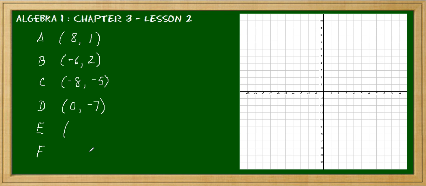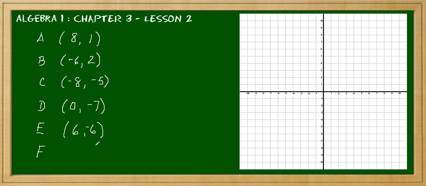So let's go 1, 2, 3, 4, 5, 6. 6 would put us right above the E, and then we'd have to go down 1, 2, 3, 4, 5, 6. So our coordinate would be positive 6, negative 6. Because we had to go down, that would be negative below the x-axis.